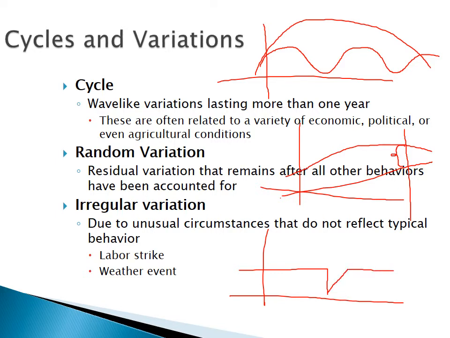Or maybe a weather event, like there is a demand which was increasing, but because of some weather shift, or maybe inclement weather on a particular day, the demand drops suddenly. Okay, so these are irregular variations. So we have to keep track of all these different types of variations.